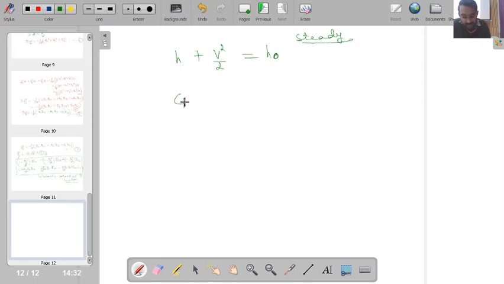Now this can be written as, for calorically perfect gas, Cp into T plus V square by 2 equal to Cp into T naught. Now Cp can be written as gamma R by gamma minus 1.